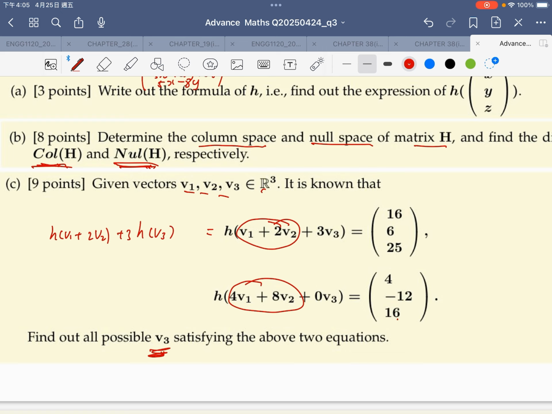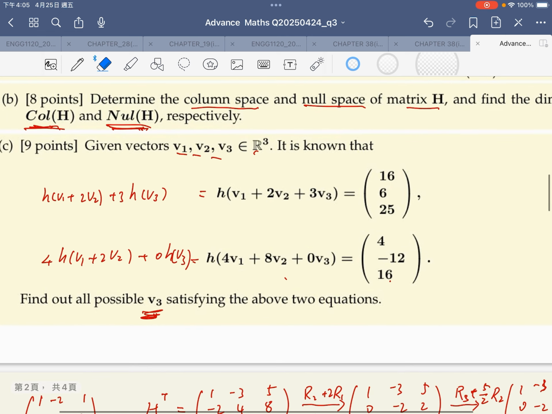This is the linear property of H. And this one, I can write 4 H V1 plus 2 H V2 plus 0 H V3. 0 H V3 means nothing.